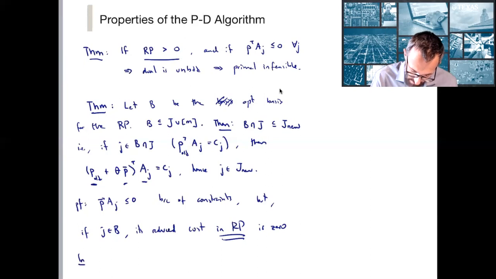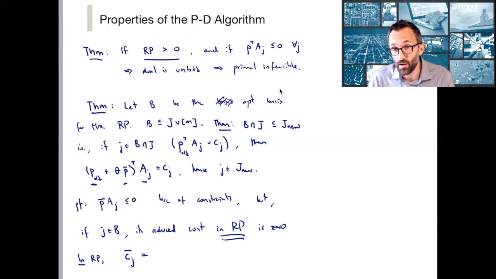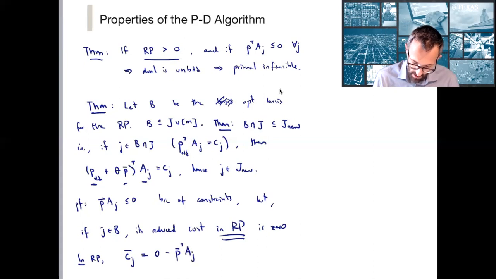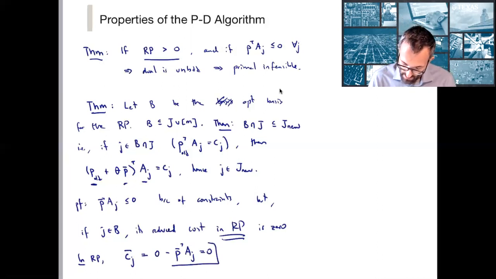Again, emphasizing, in RP, the reduced cost of J is equal to the original cost. But what is the original cost in RP? It's 0 minus P bar transpose AJ. And we know that the reduced cost is 0, which is the same statement as saying that P bar transpose AJ is equal to 0.